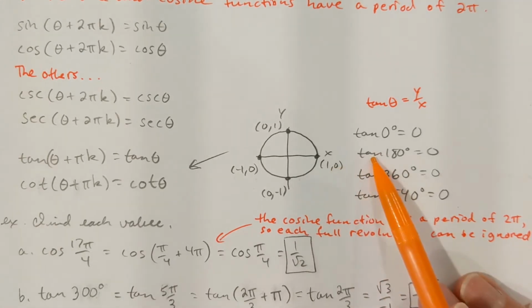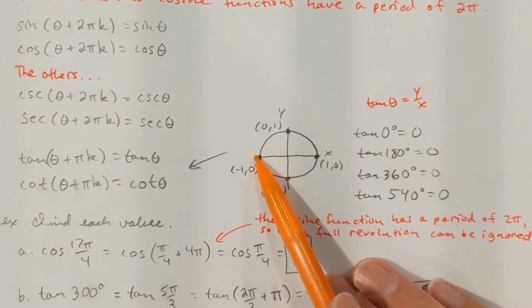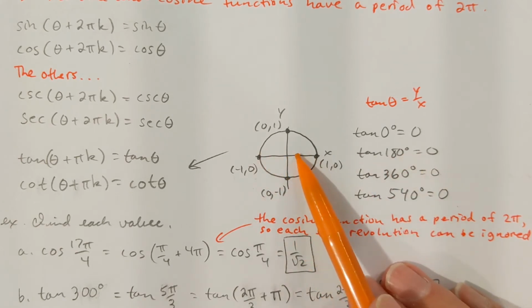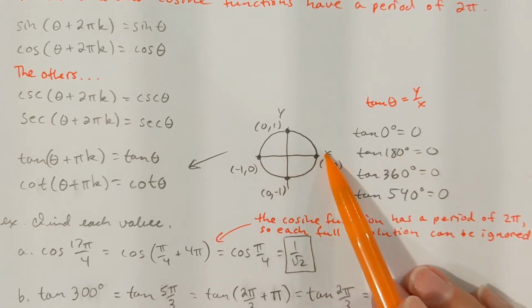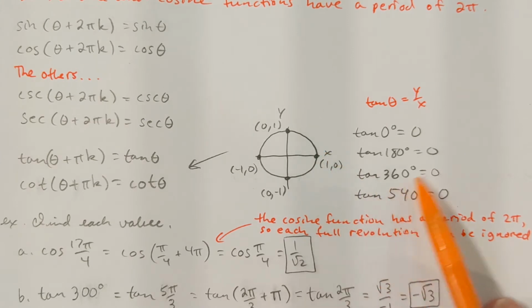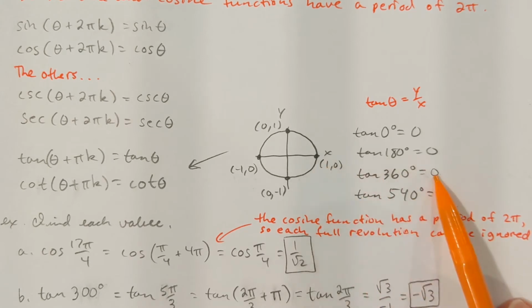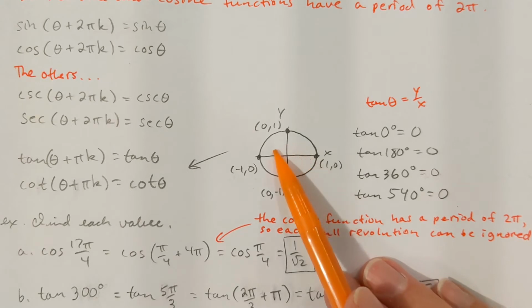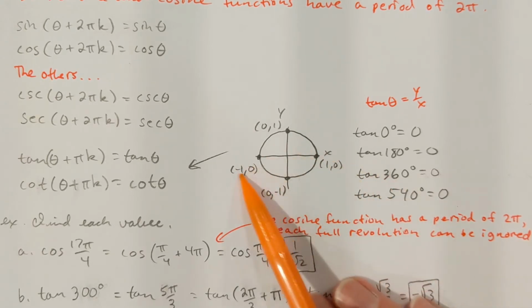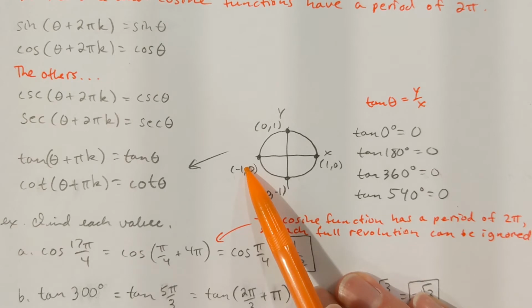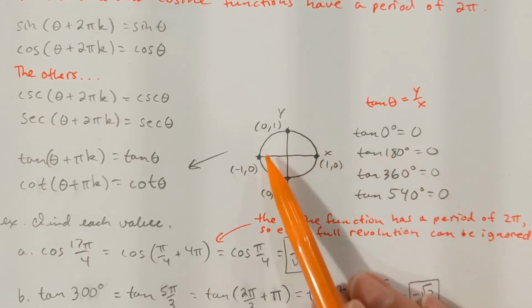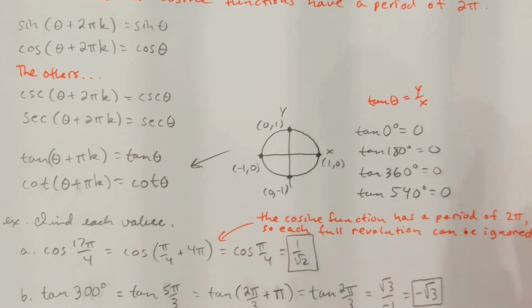Tangent of 180 degrees, well, that'd be 0 over negative 1 is 0. 360 degrees would be the same axis here as the 0 degree axis, and so I get the same, 0 over 1 is 0. 540 degrees would be another 180 degrees past 360 degrees, and so you'd be working with this point again on the unit circle. So notice how we're getting the same output at increments of pi radians.